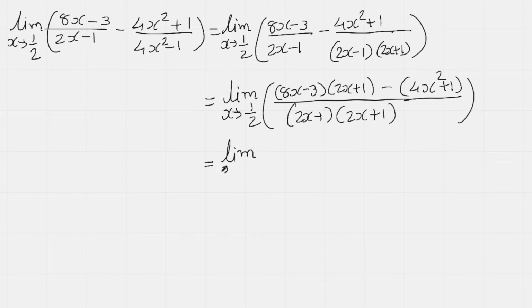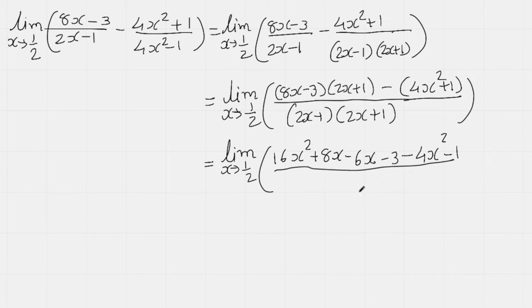So this is limit x approaches 1 over 2. 8x into 2x is 16x square, plus 8x into 1 is 8x, minus 3 into 2x is minus 6x, and minus 3 into 1 is minus 3. And this is minus 4x square, minus into plus 1 is negative 1, whole divided by 2x minus 1 into 2x plus 1.